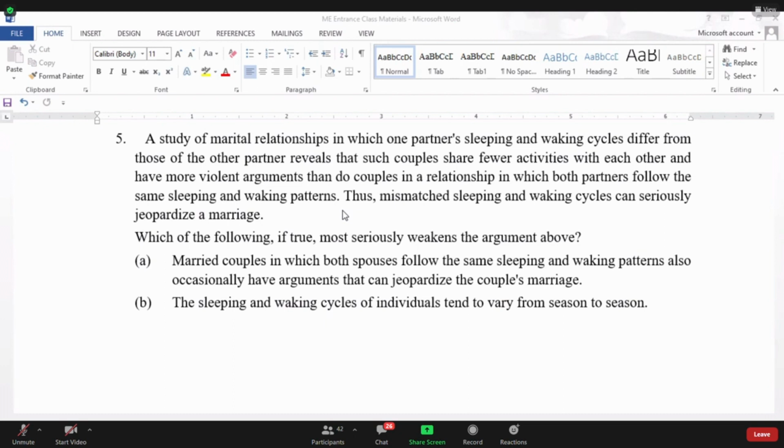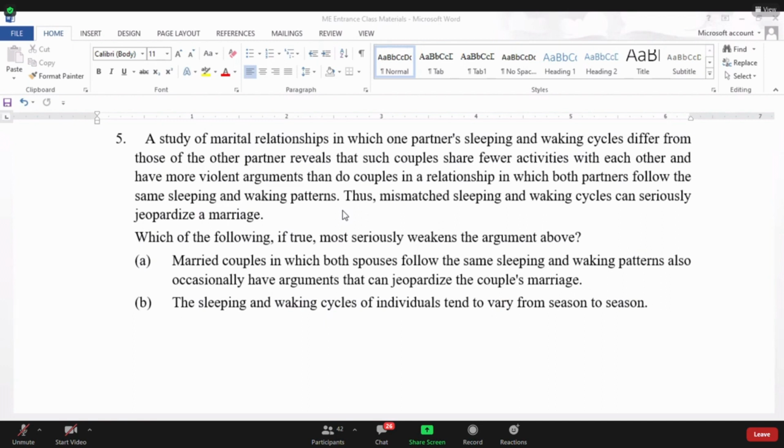They go to bed at different times. They wake up at different times. Now the things are very clear. They who go to bed at the same time and wake up at the same time share many activities. And they who have different sleeping and waking patterns share fewer activities.